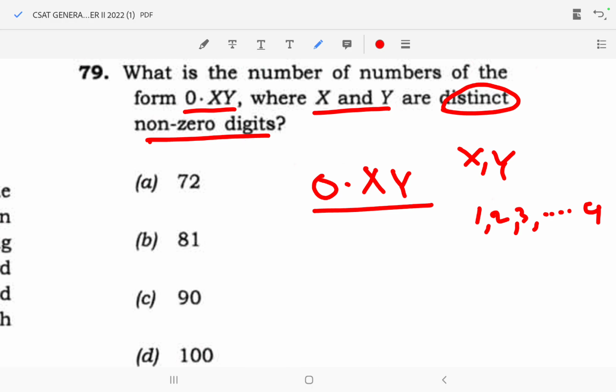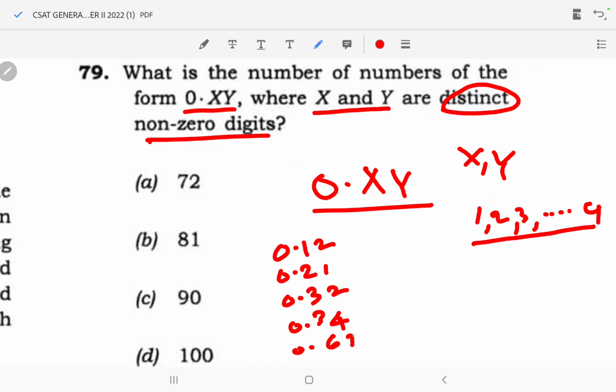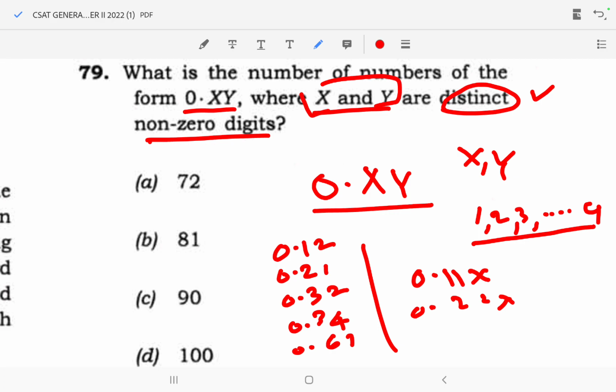But x and y are not similar, they must be distinct. सो x और y की वैल्यू इन 9 डिजिट्स में ही होगी, बट इन दोनों की वैल्यू डिफरेंट होगी एवरी टाइम. सो इसका मतलब 0.12 होगी या 0.21 होगी या 0.32 होगी, राइट, या 0.34, 67 एट्सेट्रा. बट ये 0.11 नहीं होगी, 0.22 नहीं होगी, बिकॉज इट्स सेइंग दैट x and y are distinct non-zero digits. So how we will solve this problem?